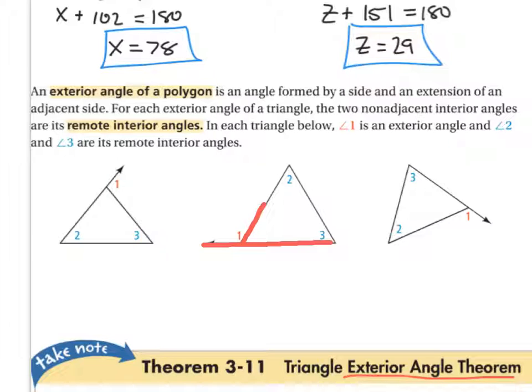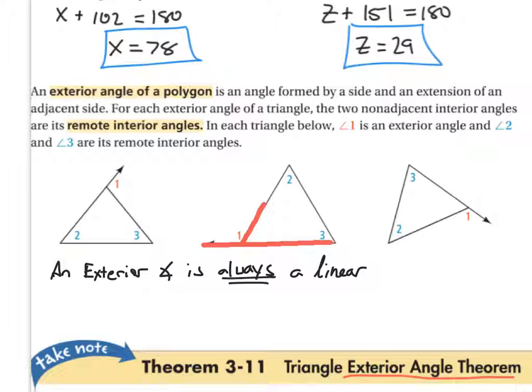Something else that I want you to know that they're not saying here, but an exterior angle is always a linear pair with the adjacent interior angle.